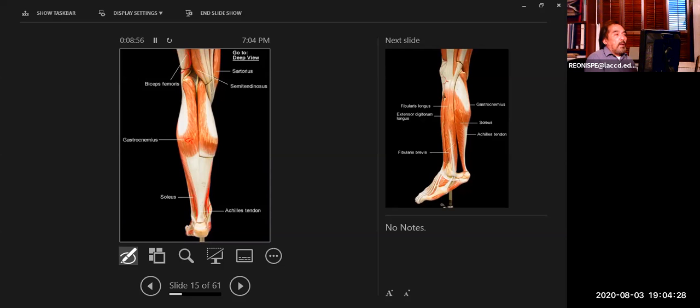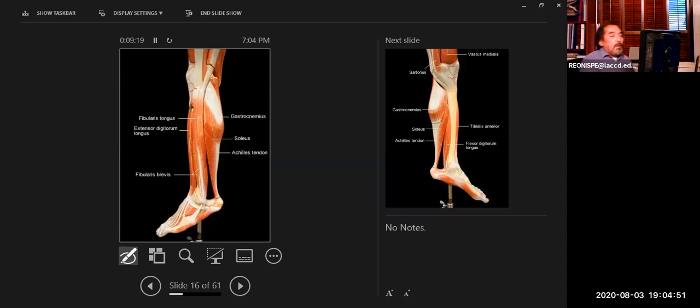That should be the biceps femoris, and this is going to be the semitendinosus and semimembranosus. Remember, it's like a curtain.